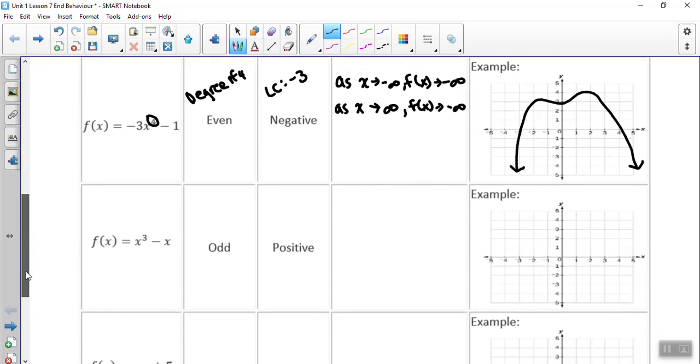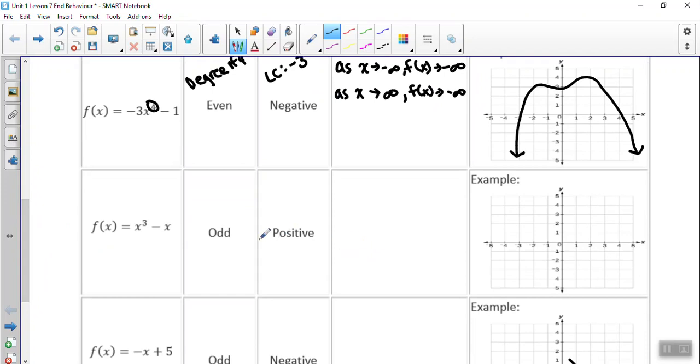The third type of end behavior that we have is an odd positive. The odd tells me that they have different end behaviors, and the positive tells me that it's eventually going up. So something like this: it's going to start from the bottom and then go up top. Here's an example of an odd positive function.